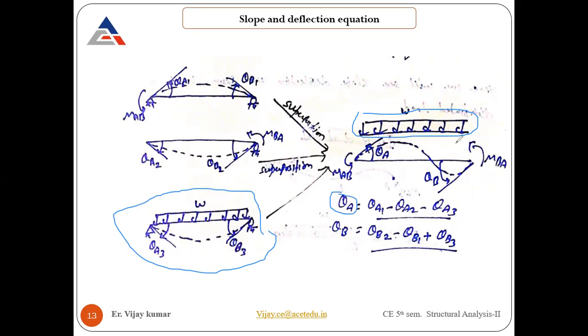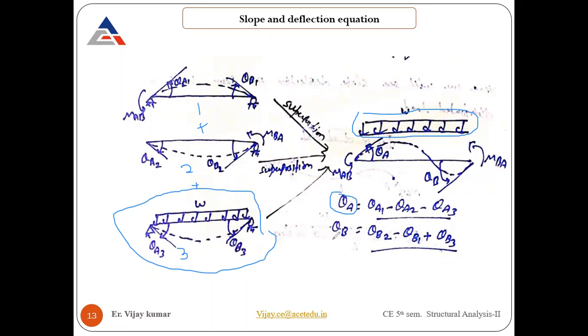I split this beam into three segments, and by the principle of superposition I combine them, adding one over another. In that case the value comes out to be theta A1 minus theta A2, but one is positive and the other two are negative. That's why the total comes out to be theta A.